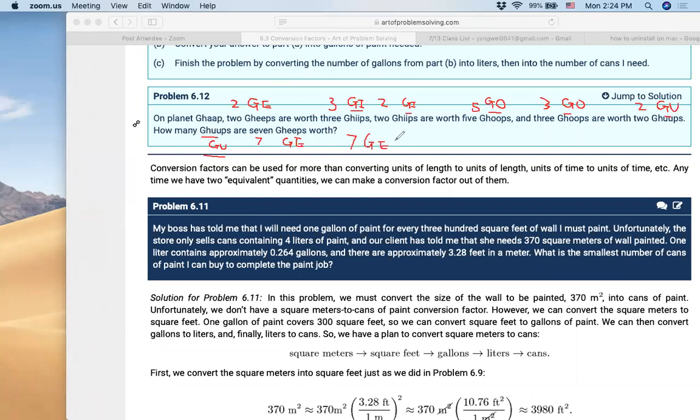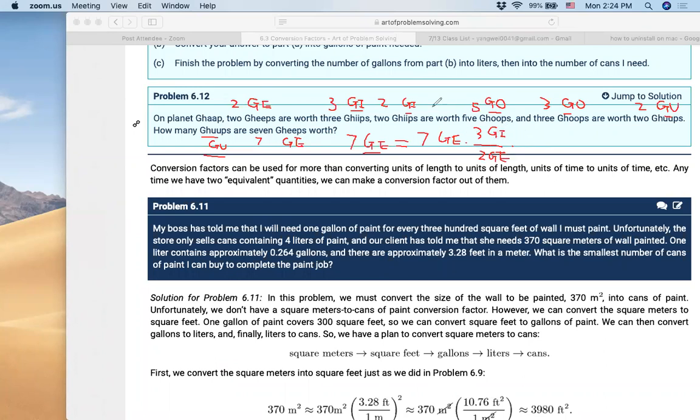So we can do it this way. 7 GE equals 7. Then you need to put the GE in the denominator position. That's 3 GI equals 2 GE. Do it this way, right? Now after that, you got GI.